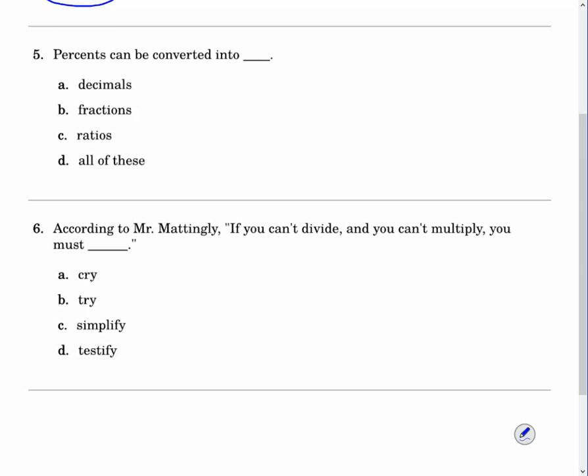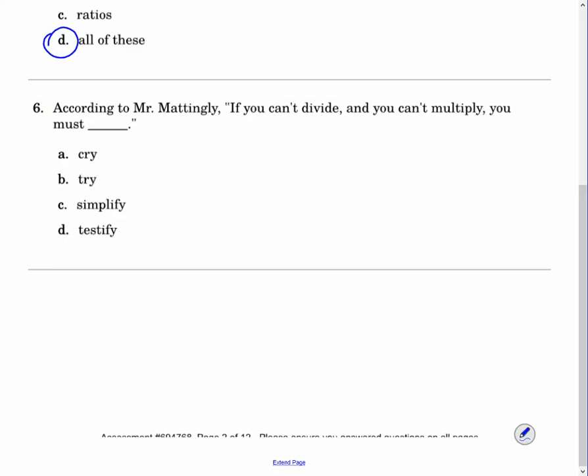Because if we had, for example, 5%, we know it's 5 out of 100. We could simplify that down sometimes too, right? And ratios is the same thing as a fraction, so it is choice D, all of the above. So don't get too impulsive and pick what you think is the first right answer and ignore that there's a better answer in there.